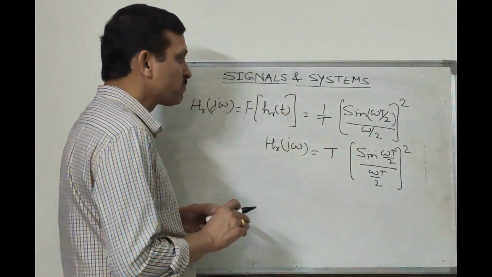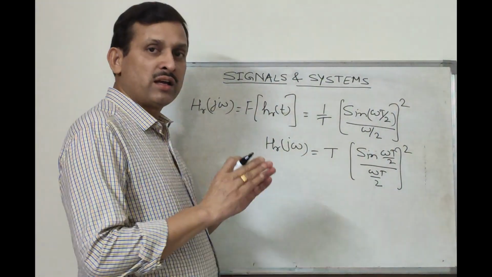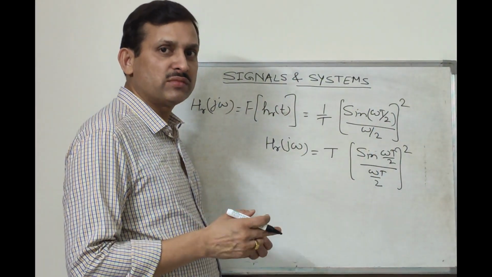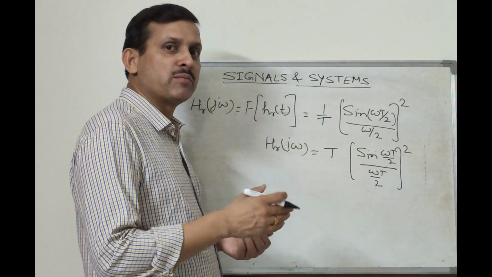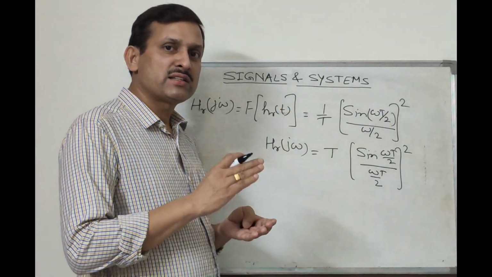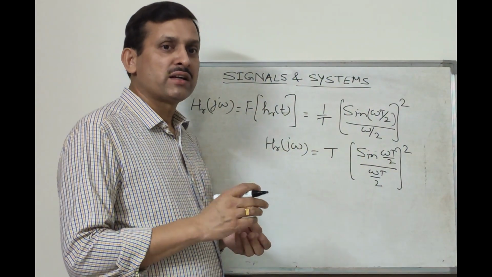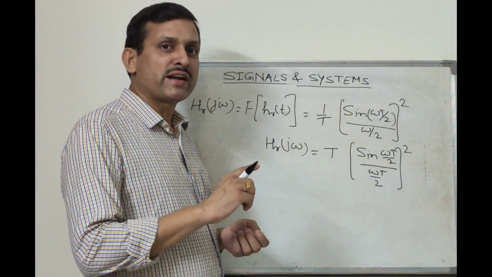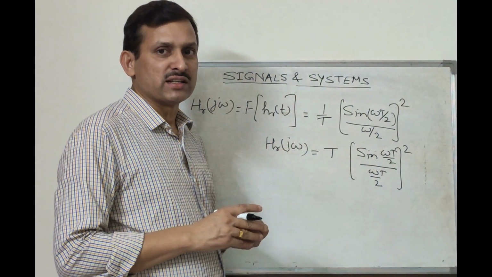We can expect a better reconstruction from the first order hold system, the linear interpolation filter, as compared to zero order hold. Zero order hold will only give the staircase approximation, but from the first order hold you are getting a better approximation of x(t).